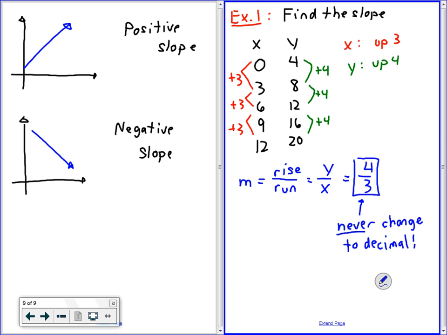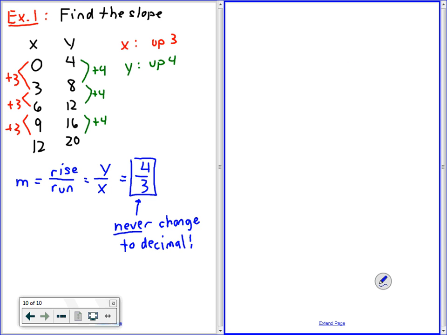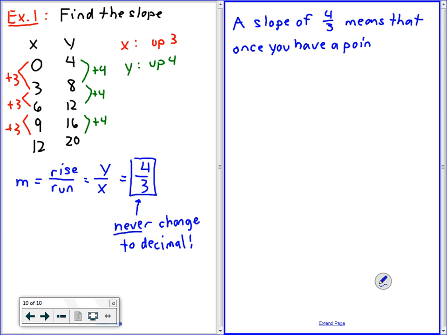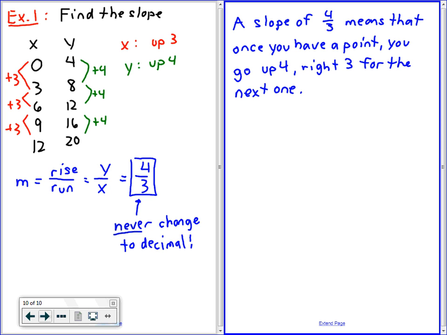Because of what this means on your graph, I'm going to stop writing there. That's a big sentence. Okay? But that's what the slope of 4/3 actually means.